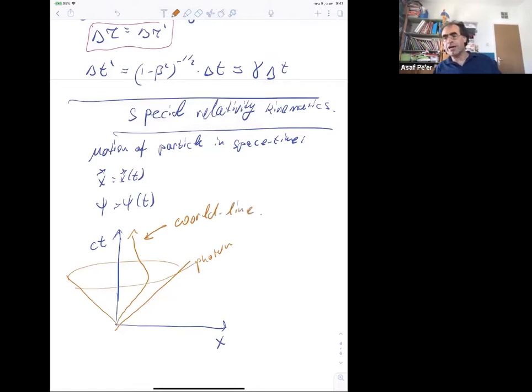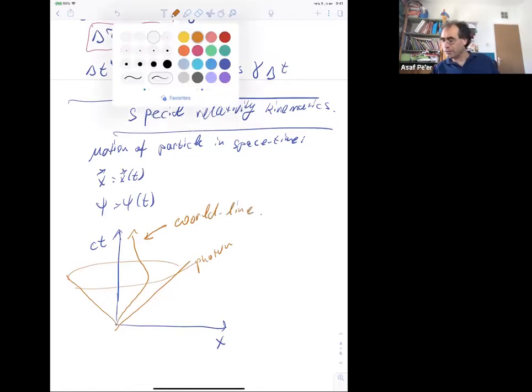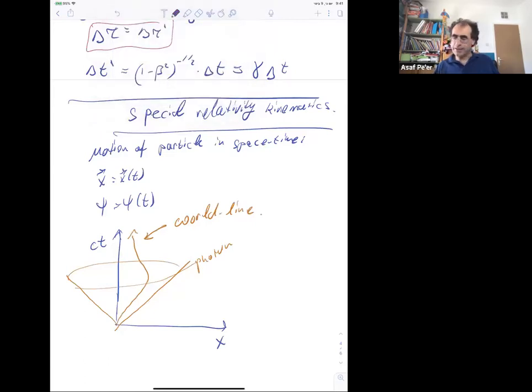So if I want to describe my position or how my position changes, I just specify my coordinates along the world line.